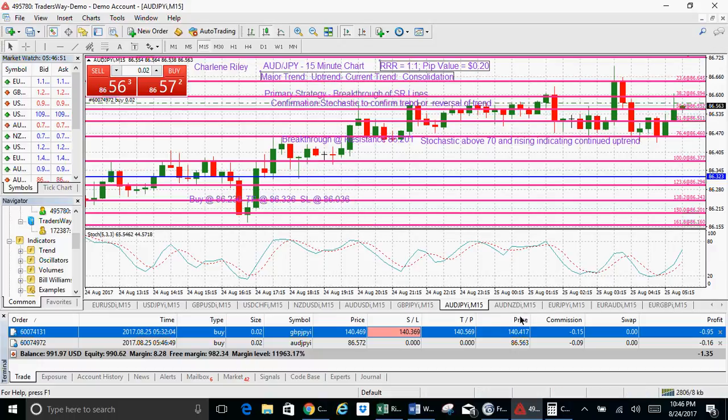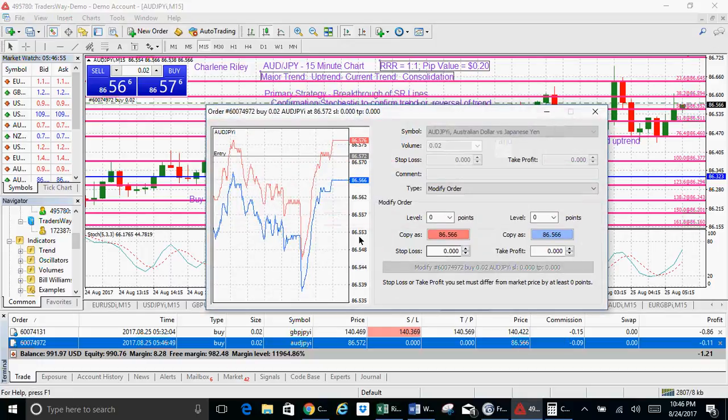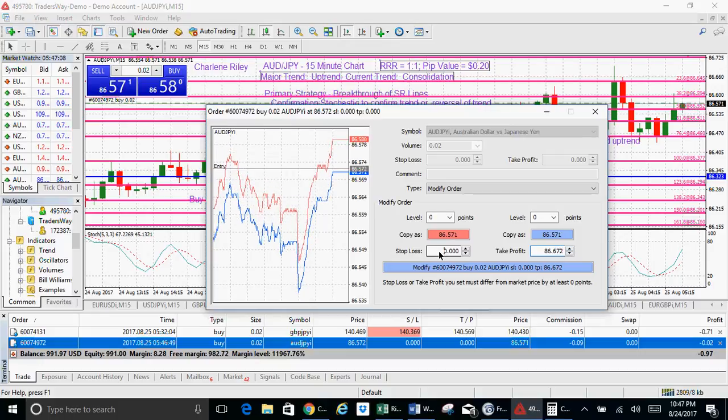So there's my buy, and setting my take profit at 86.672 and my stop loss at 86.472.